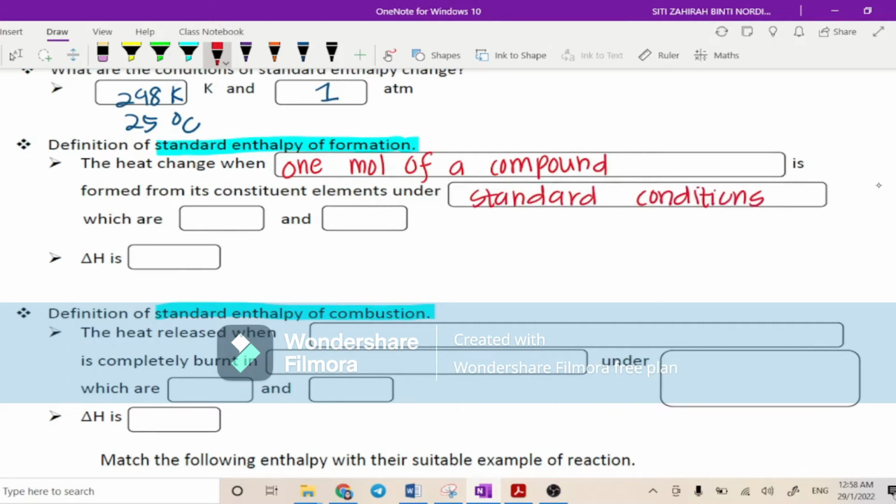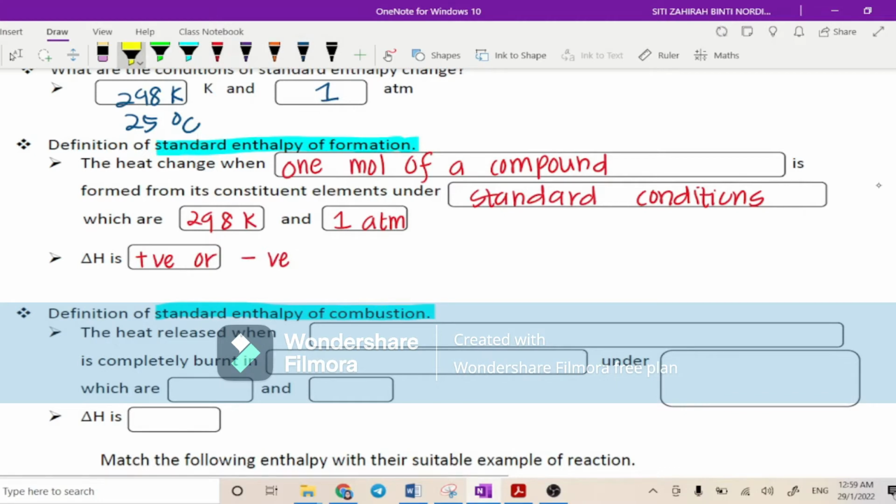And then you must list out what the standard conditions are, which are 298 Kelvin and pressure of 1 atm.